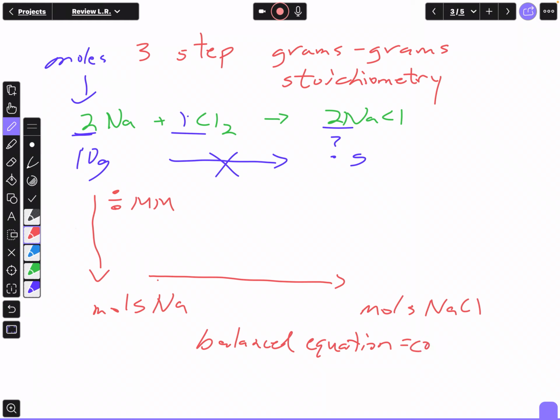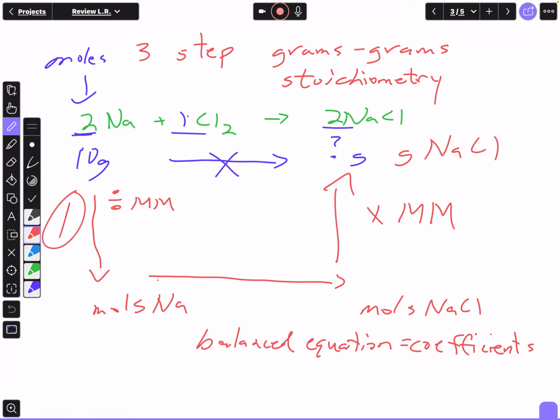Those are my coefficients to use. That's when I set up a proportion. I showed you a few different ways to work those problems. Once I'm in moles of NaCl, one more step. I multiply by the molar mass of NaCl, and that would give me my grams of NaCl. So it's a three-step problem.